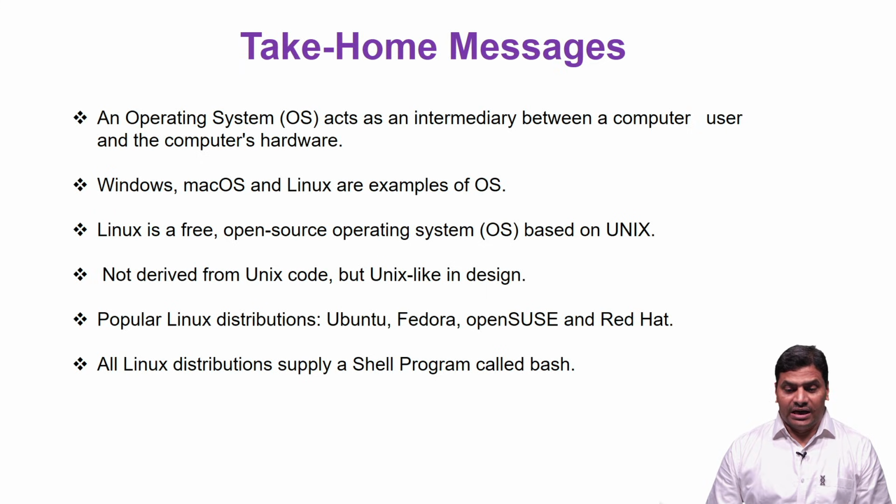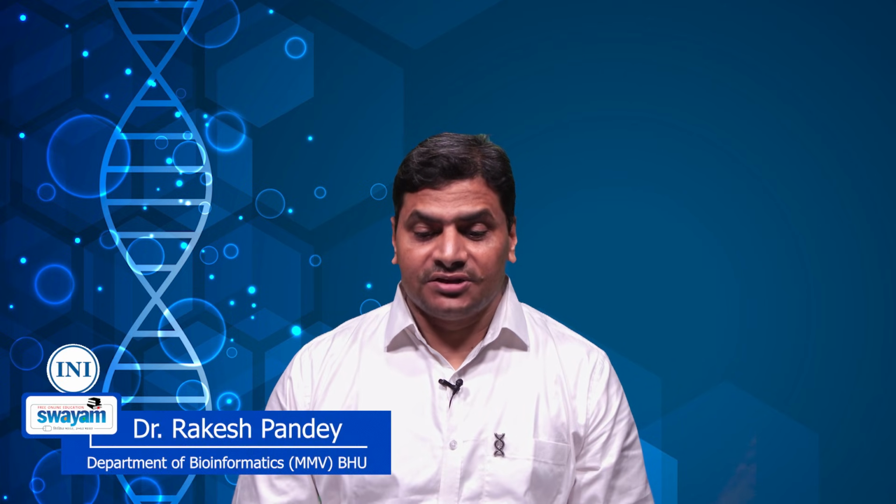Now I would like to summarize my lecture and provide take-home messages. We learned what an operating system is: an intermediary between a computer user and the computer hardware. There are different kinds of operating systems around you: Windows, Mac OS and Linux.